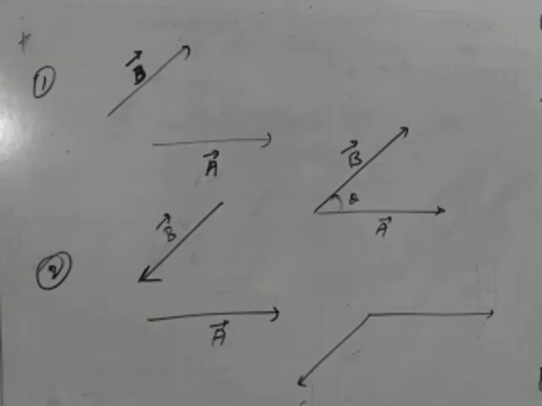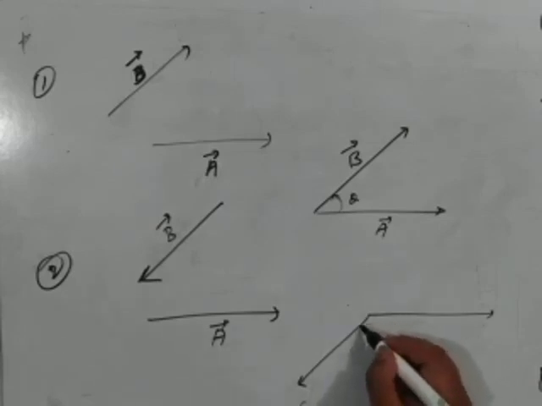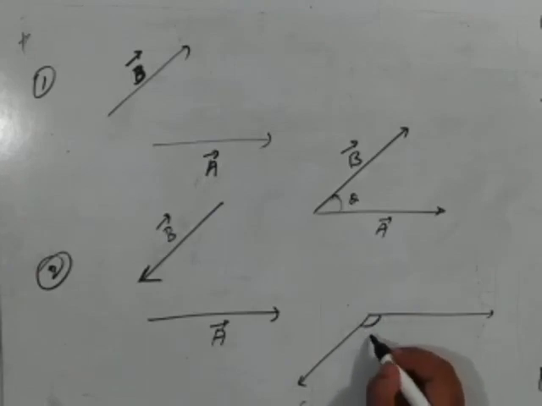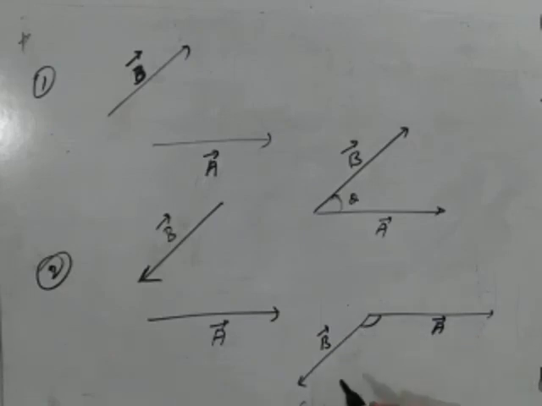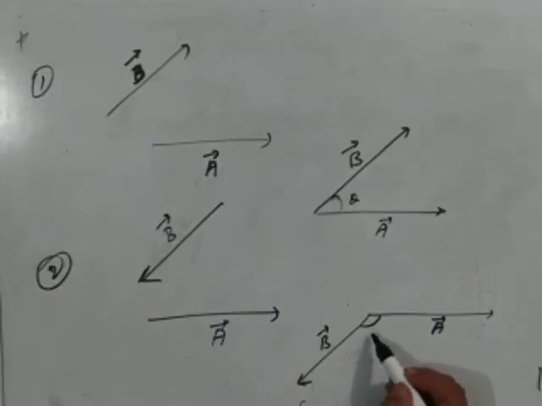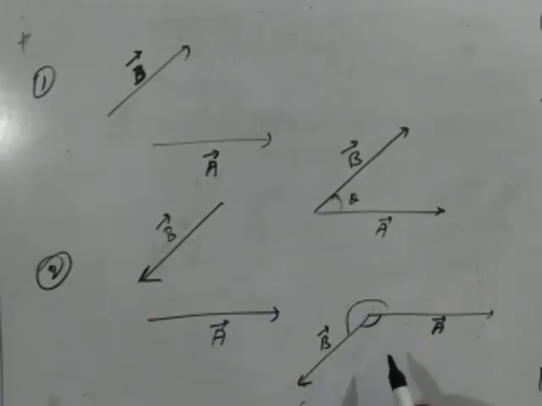Then the shorter angle of the two, if this is an angle and this is another angle, the shorter of the two angles is taken as the angle between the given two vectors.